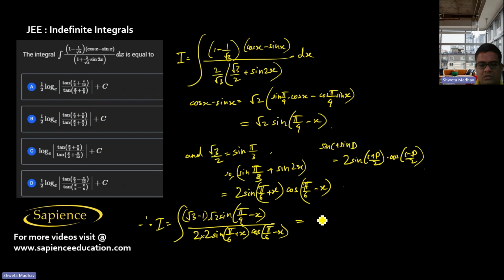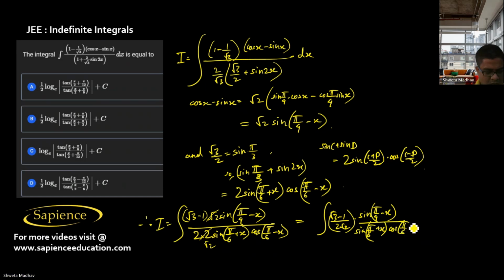So this is nothing but, root 2 and 2 will cancel, root 2 will come. So it is root 3 minus 1 by 2 root 2 into sine pi by 4 minus x divided by sine pi by 6 plus x into cos pi by 6 minus x.